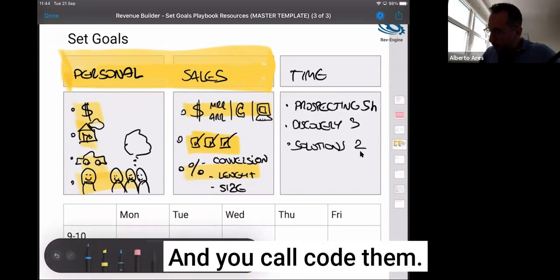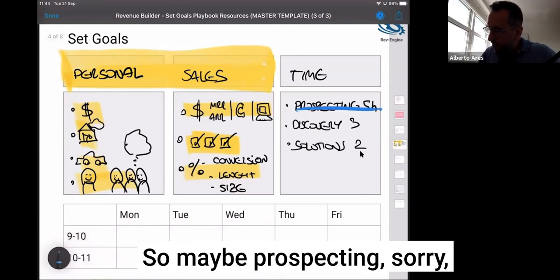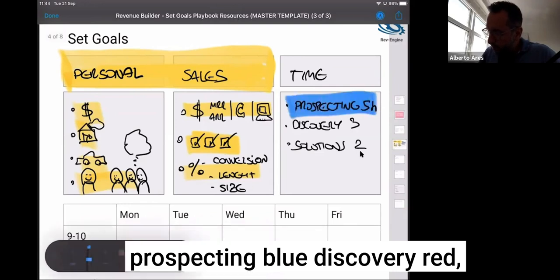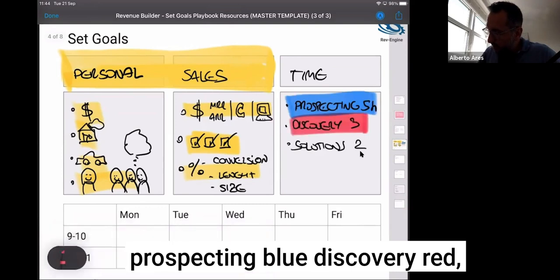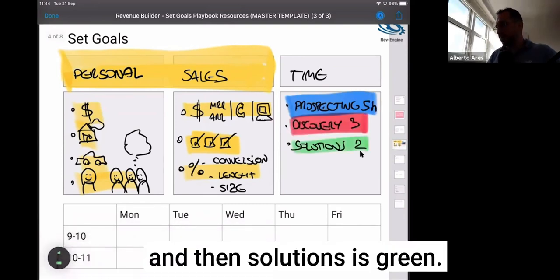And you color code them, so maybe prospecting is blue, discovery red, and then solutions is green.